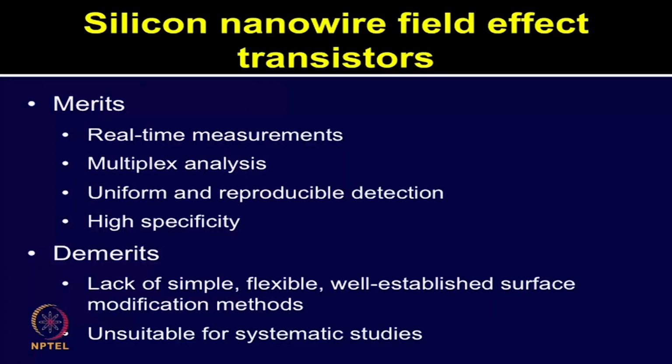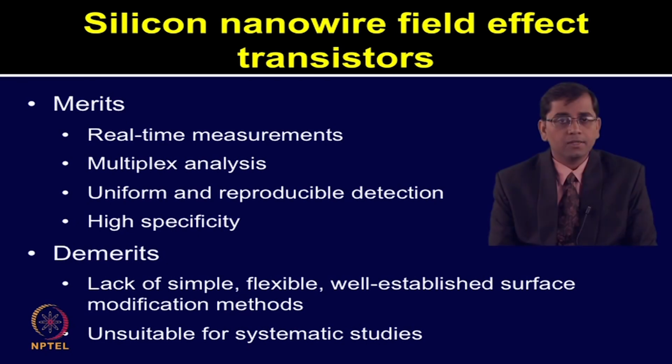Continuing our discussion on the silicon nanowire field effect transistors, we will just go through some of their merits and demerits. This platform provides real time measurement capability with multiplexing analysis ability. It is uniform and delivers reproducible results for various biomolecule detection.